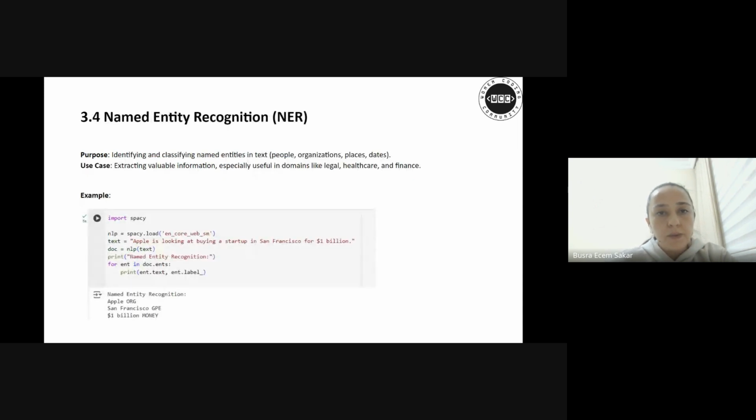So let's move on. Now we will explore named entity recognition, or NER. The purpose of NER is to identify and classify named entities within a given text. These entities typically include things like people, locations, and dates.